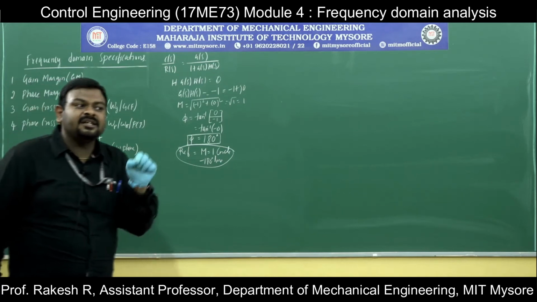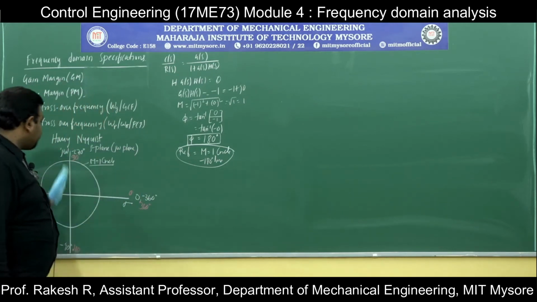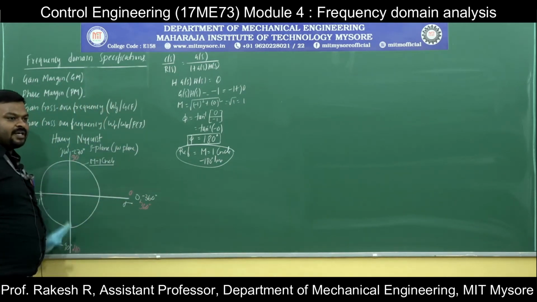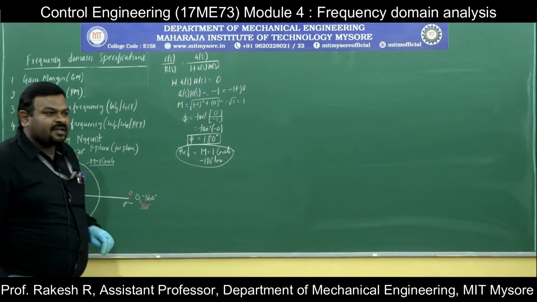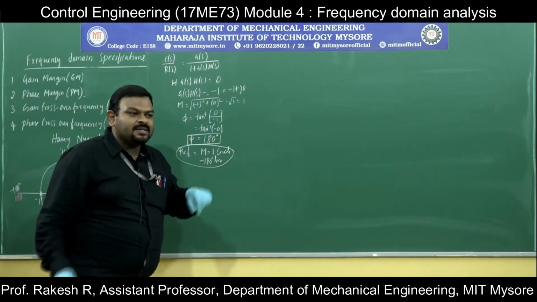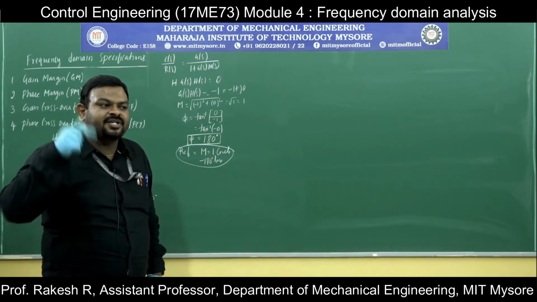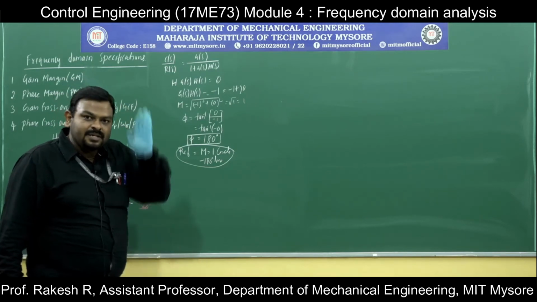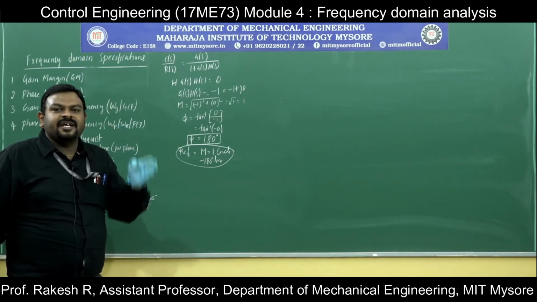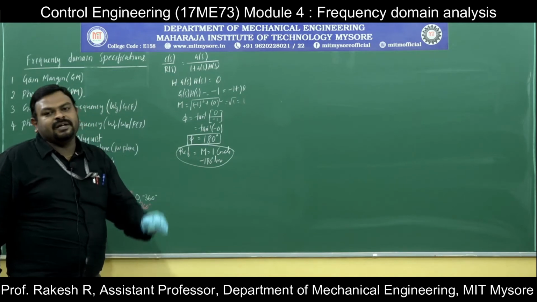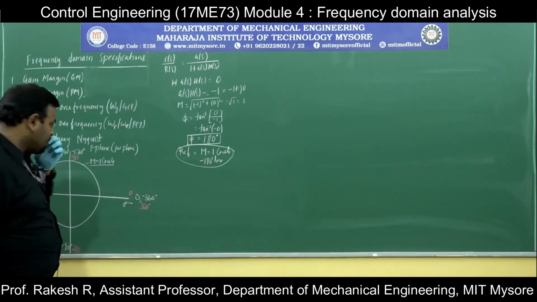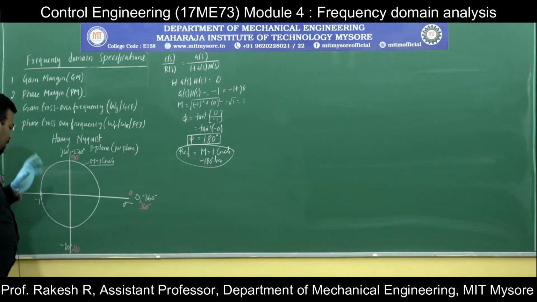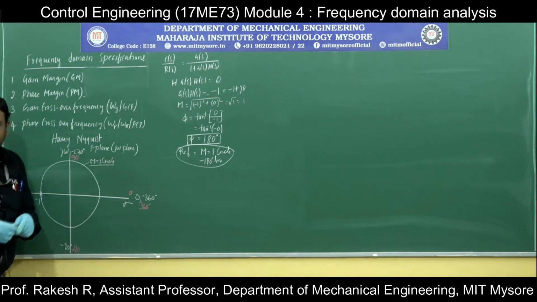It is a marginal stability point. The imaginary axis is the marginal stability point. In other words, M is equal to 1 means it is towards the edge of instability. It is at just stable or just unstable point. After that, the system becomes unstable. So this is the magnitude M is equal to 1 circle.